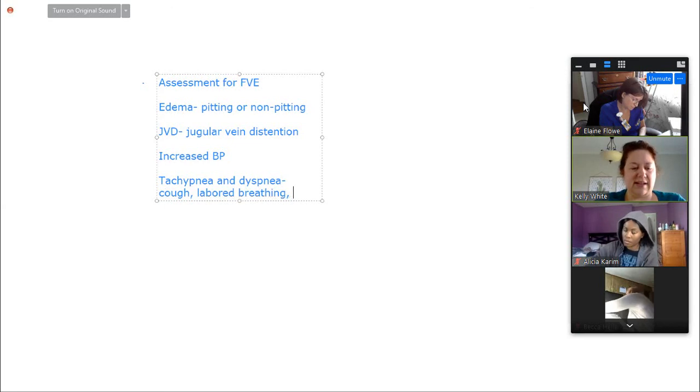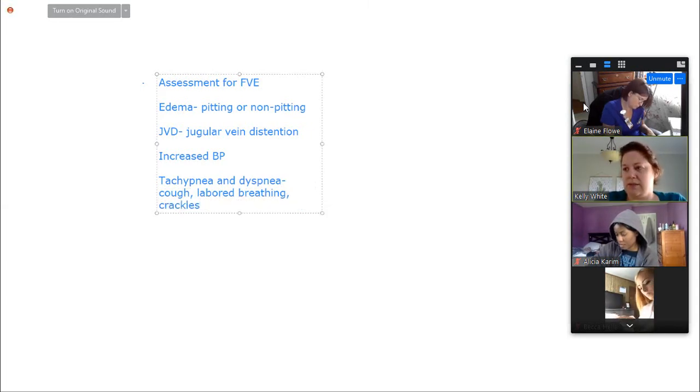What kind of lung sounds are you going to hear in a patient that has too much fluid? Crackles. Yep, you're going to hear crackles. So it's going to kind of sound like Rice Krispies, or I've had someone say to take your hair and kind of run it between your fingers by your ear, and that's the sound that crackles will make.